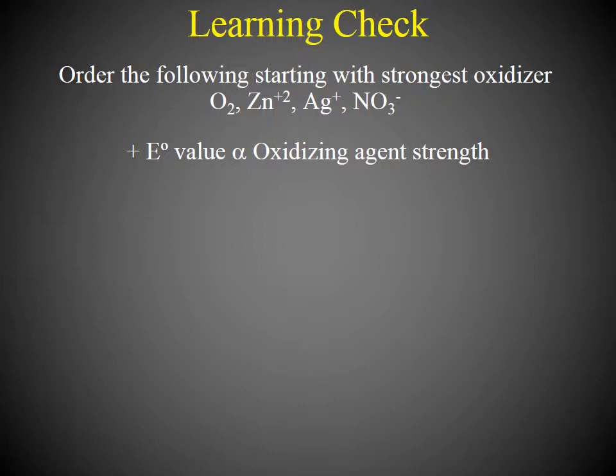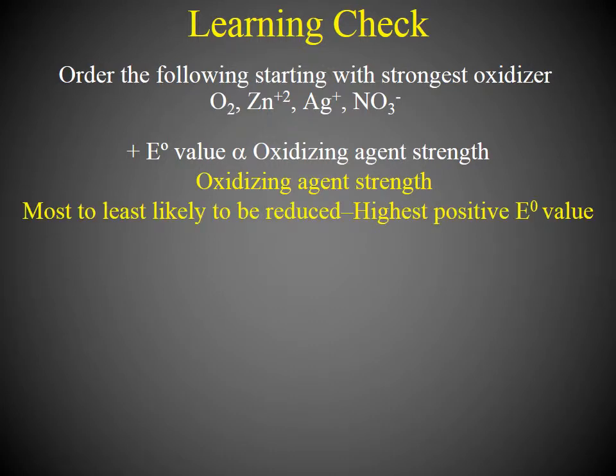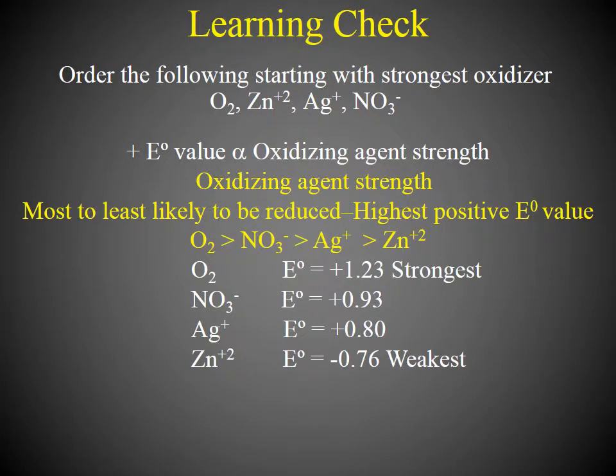So the more positive the cell value, the higher the oxidizing agent strength. So here's the order, most to least likely to be reduced, meaning highest positive cell value.